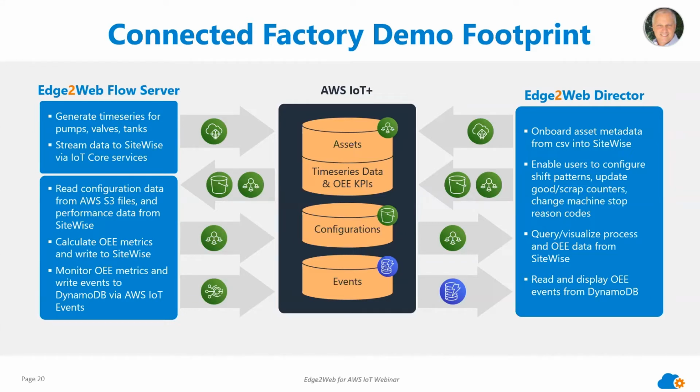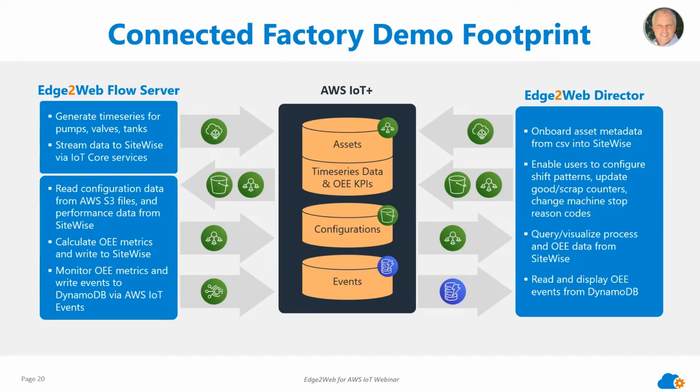And second, continuously reading stored data from SiteWise to compute OEE metrics. Edge2Web Director, shown on the right part of the slide, is also performing three important functions. The first is allowing plant supervisors to configure shift calendars and machine stop reason codes for their manufacturing sites. Second, querying SiteWise to retrieve and display OEE performance dashboards.